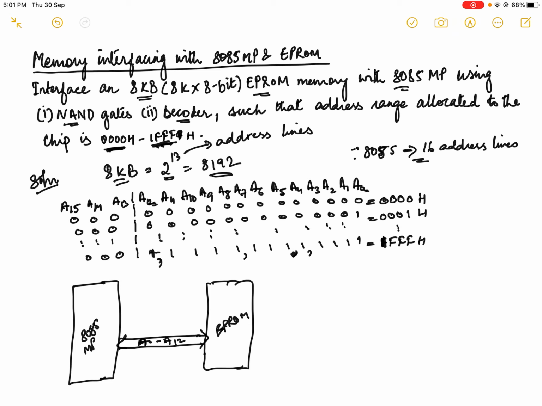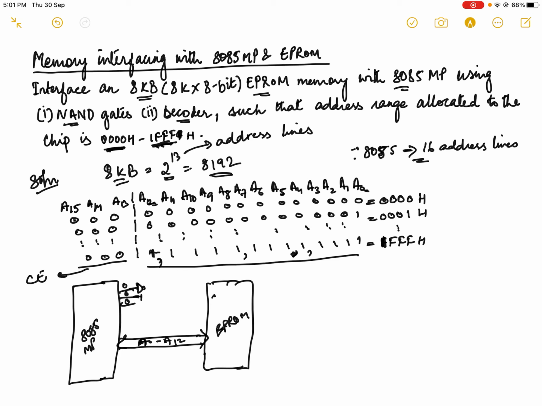Whereas the 3 other lines will pass through a NAND gate. From the 8085 they are given as 000. First of all, we have to identify which lines will be used for address lines and which lines will be used for chip select.